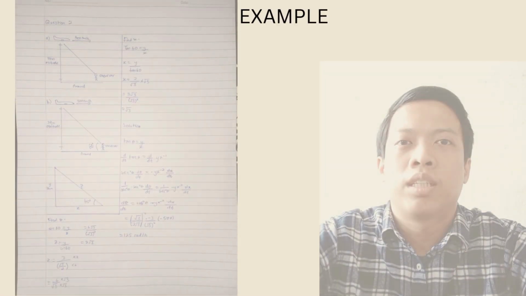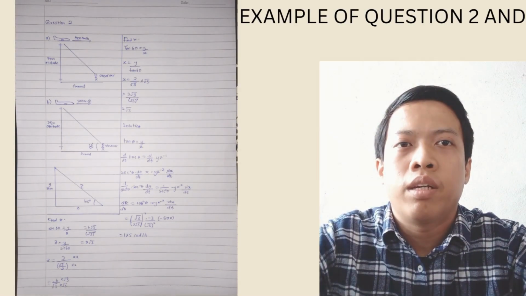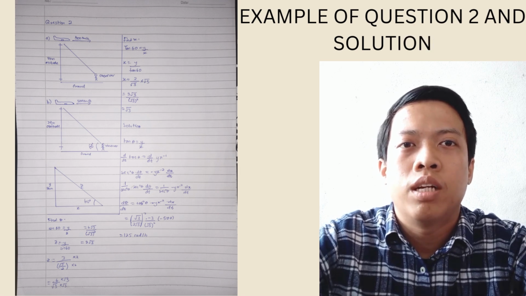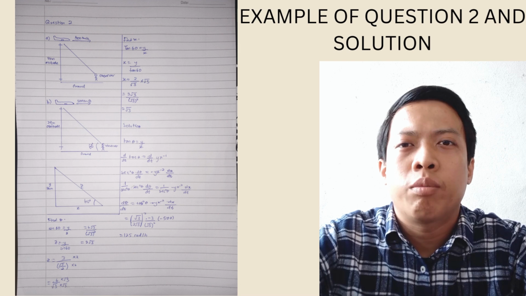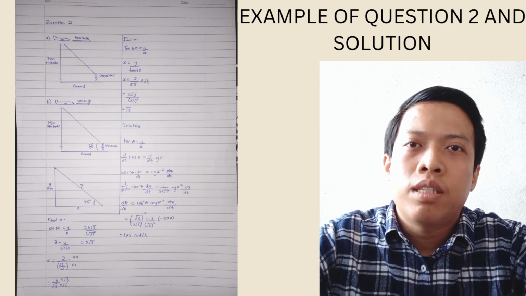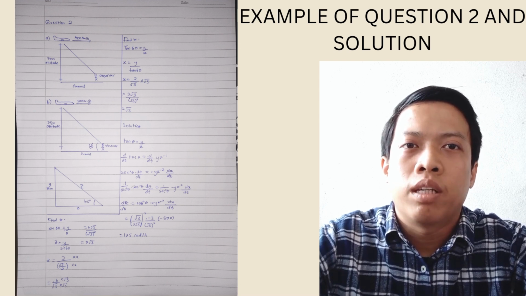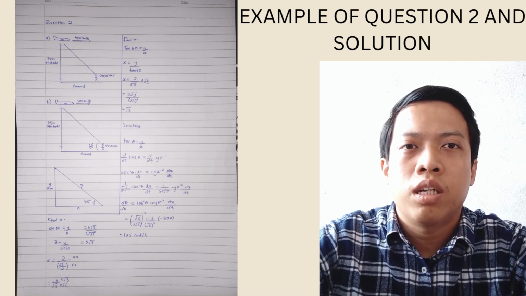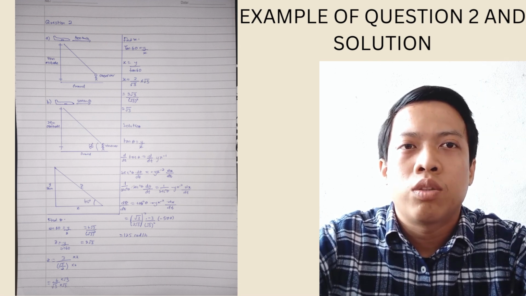Next, for the second question, an airplane travels horizontally at a speed of 500 km per hour at an altitude of 3 km. An observer sees the airplane flying toward him at an angle of 60 degrees. For question A, the question asks to sketch a diagram based on the situation above.